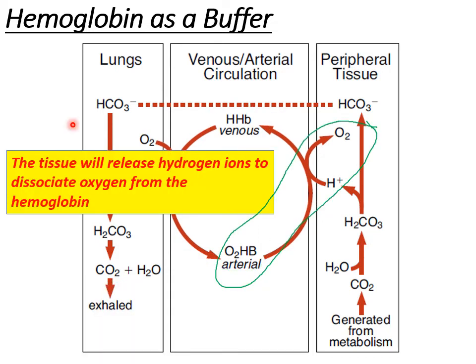So, kapag dumating na yung oxyhemoglobin sa peripheral tissue or target organs, it will exchange the oxygen for the hydrogen para ma-convert na siya into deoxyhemoglobin, and at the same time, pupunta ulit sa lungs to repeat its cycle. So, ganito mine-maintain ni hemoglobin yung hydrogen compounds sa ating bloodstream.